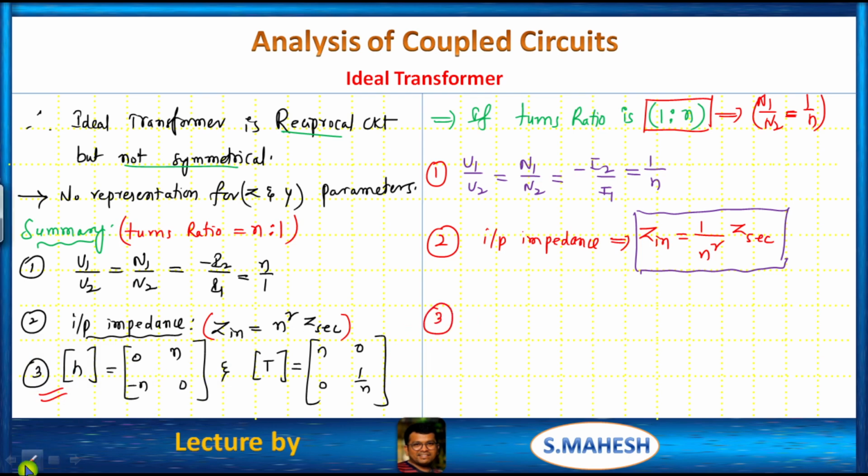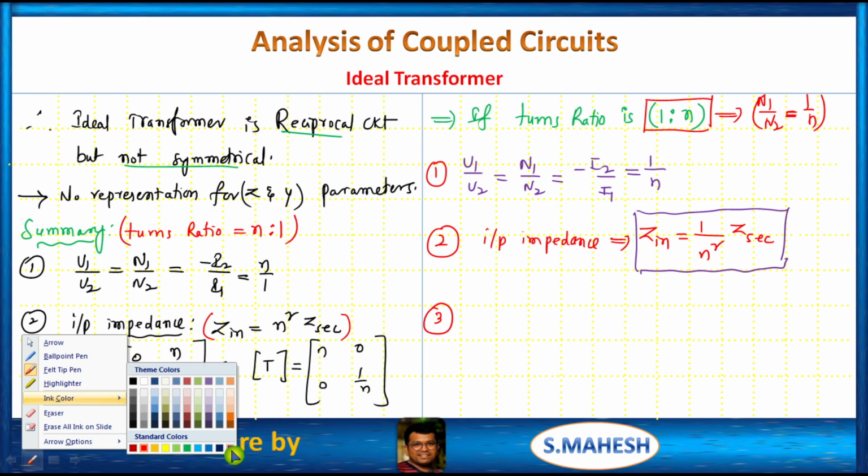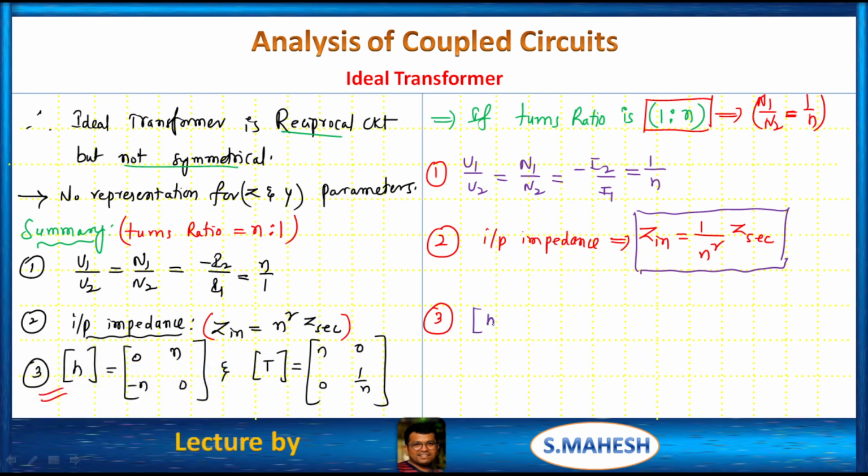Next, third observation, H parameters. The H matrix is 0, n, minus n, 0. Here we are having 0, 1 by n, minus 1 by n, 0.